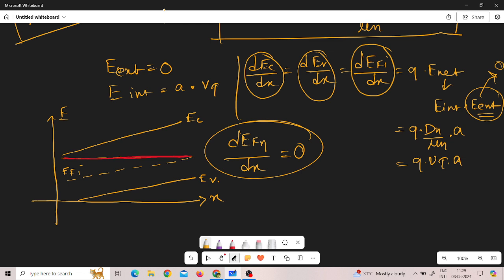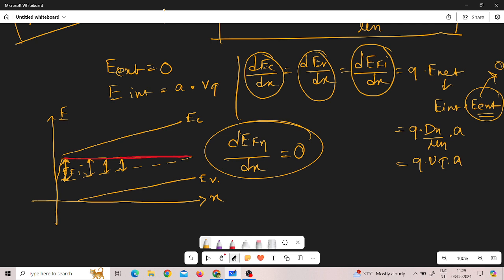So as we can see, as the distance is small, this gap is more, and as the distance increases, this gap reduces.